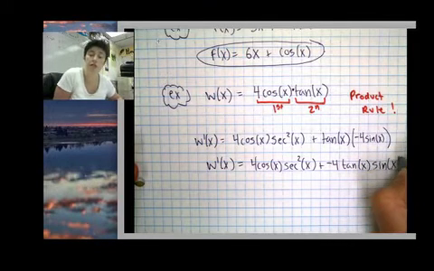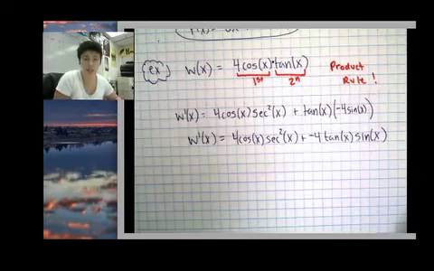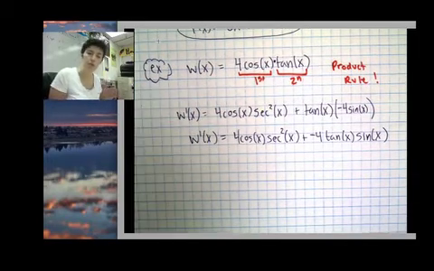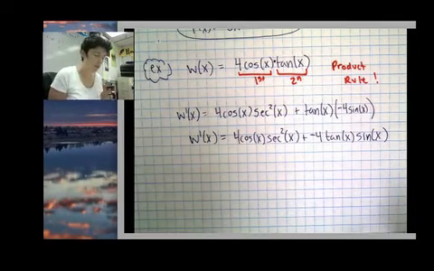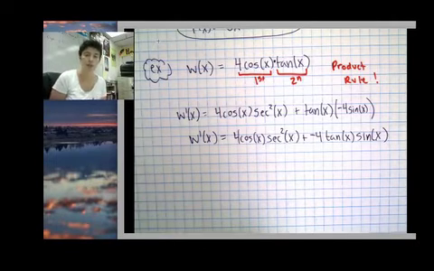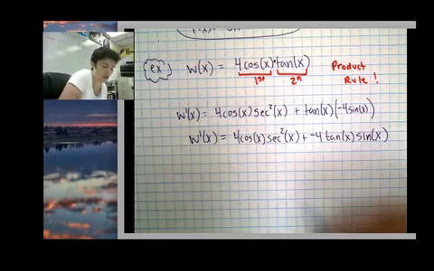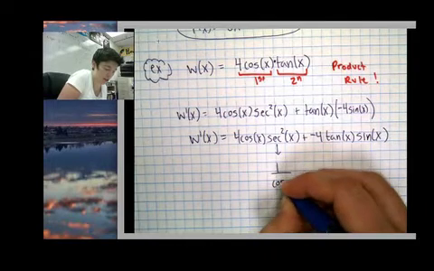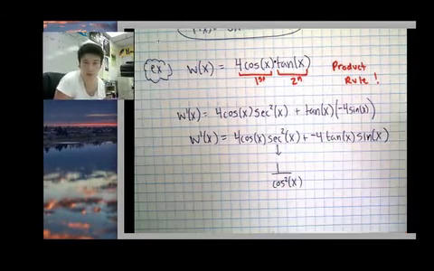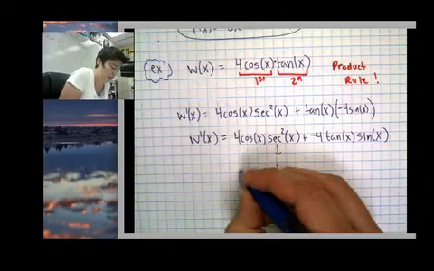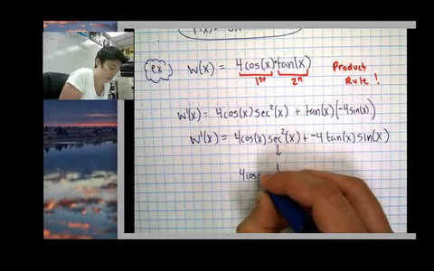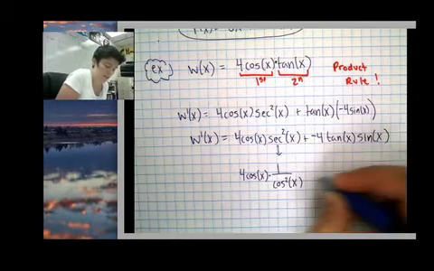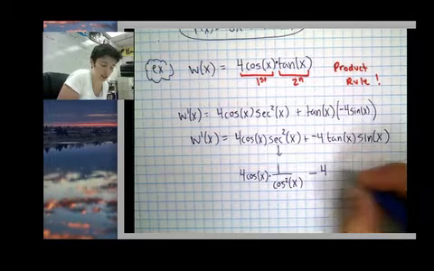And you can either stop, call that your answer, or if you want to use some trig rules and cancel some stuff out, you want a simpler answer, you can do that too. Trig rules would be to say, oh, let's make secant squared 1 over cosine squared of x. It's the same thing. That would be something we could do. And we have 4 cosine of x times this thing minus 4 tangent of x.